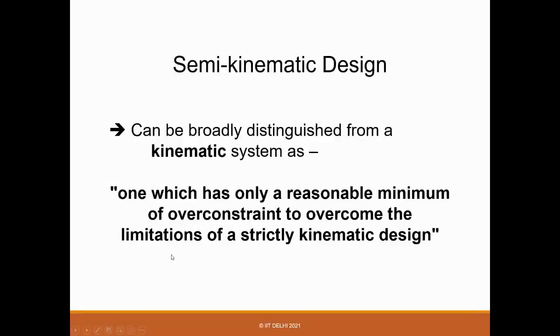As a practitioner, you are aware of those limitations, and then knowingly you work around it. That's why you say reasonable minimum over constraint. So that it's manageable and still you can get the benefit of a kinematic design.